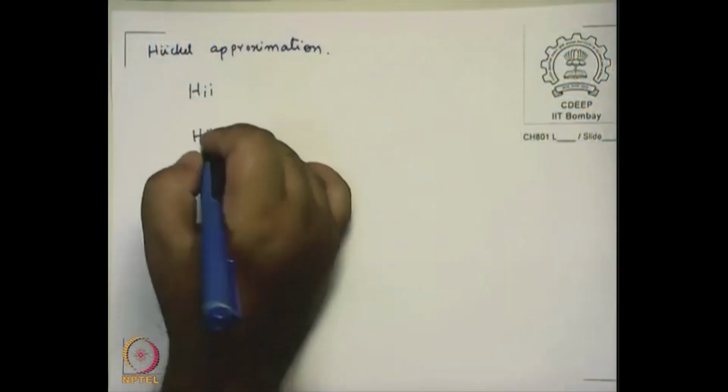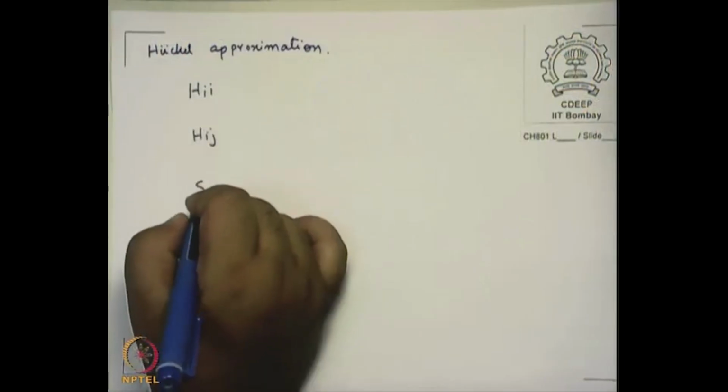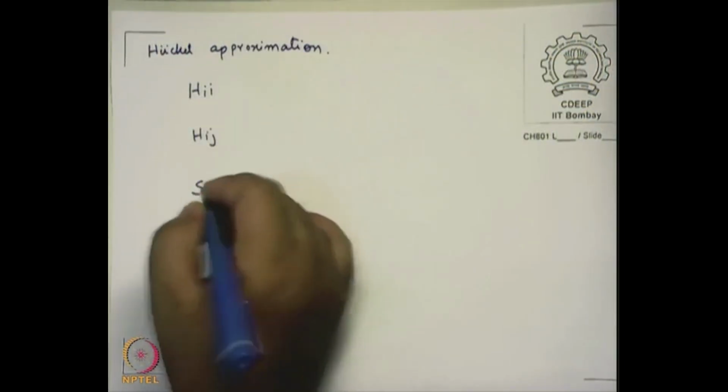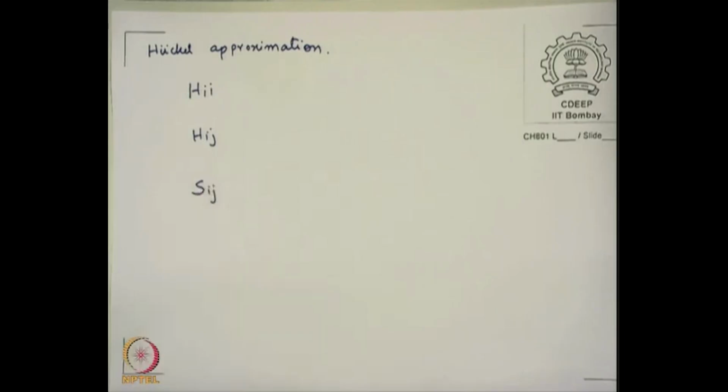See, Hii is one thing, then you have Hij, and then you have Sij. Now, can you tell me what is the value of Hii? What do we call Hii? What do we call Hij? Alpha? Which one is alpha?